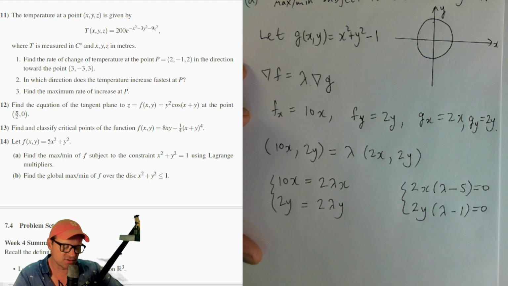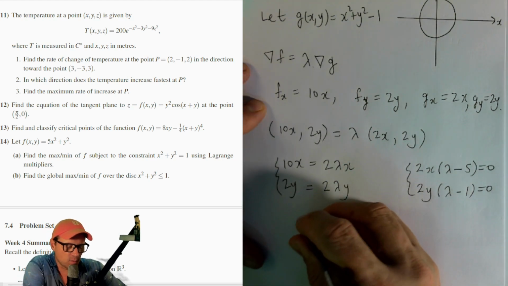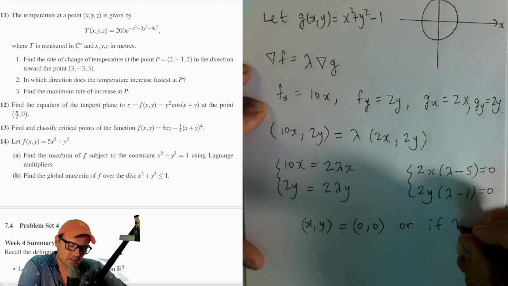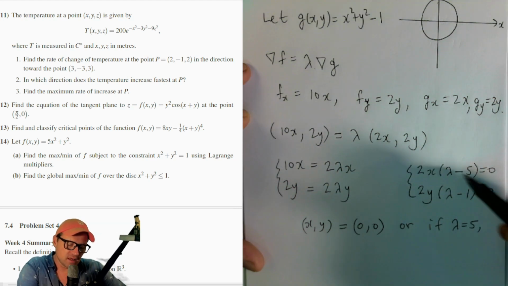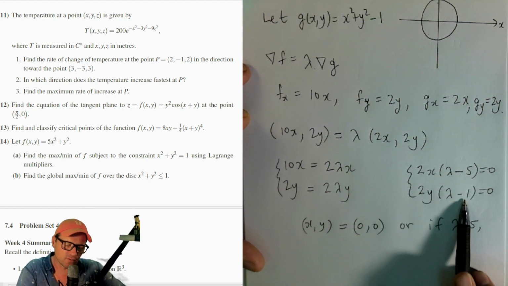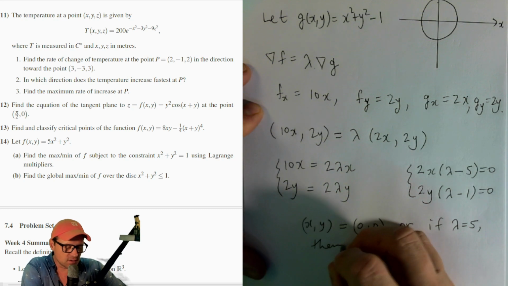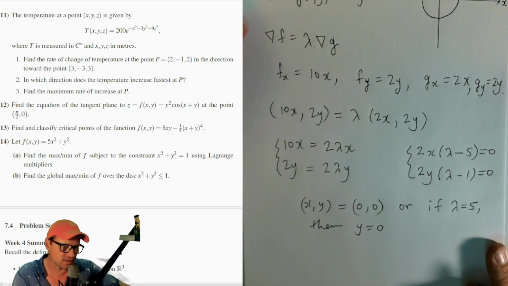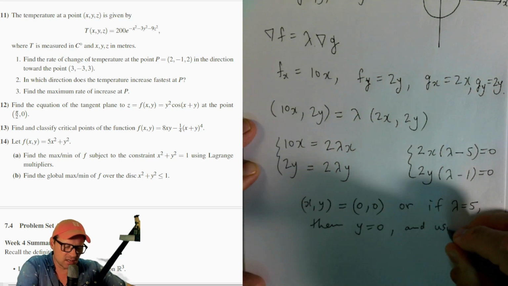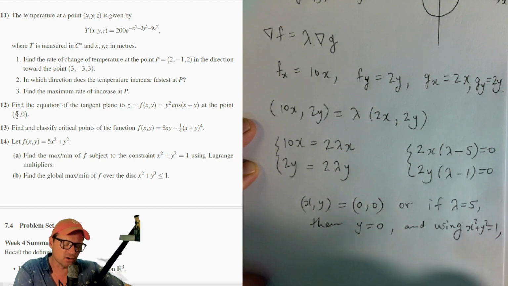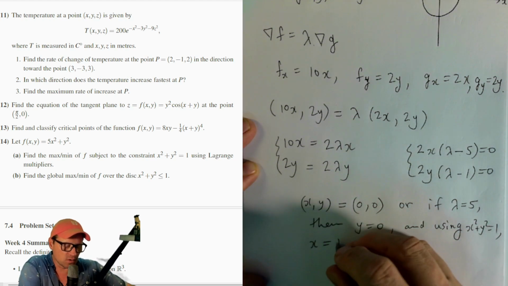For this to be true, we could have (x, y) equal to (0, 0), or if lambda is equal to 5, then the first equation gives 0 so that equation holds, but the second would say 2 times 4 times y equals 0, and so y equals 0. Now substituting into the constraint, x squared plus y squared equals 1, if y is 0, then x is plus or minus 1.